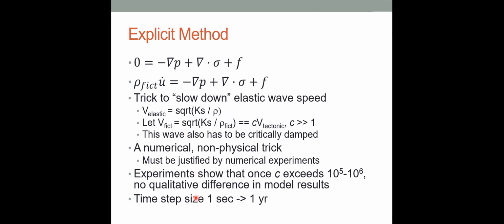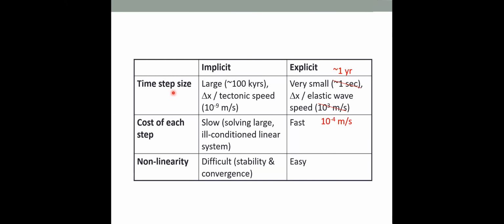So we can now change the time step size from 1 second to 1 year. And this is a numerical non-physical trick, so this trick must be justified by numerical experiments. And recently we are trying to use this explicit scheme and port it to GPU.